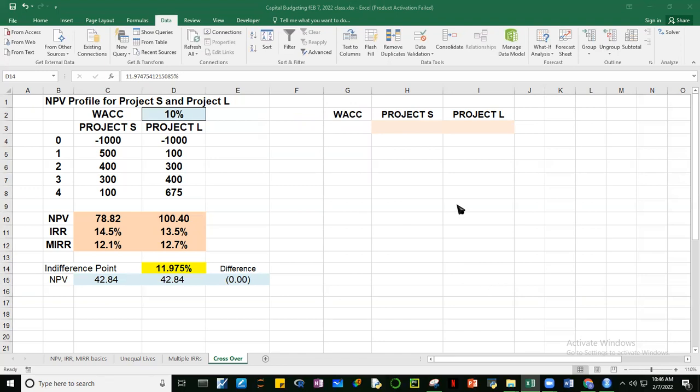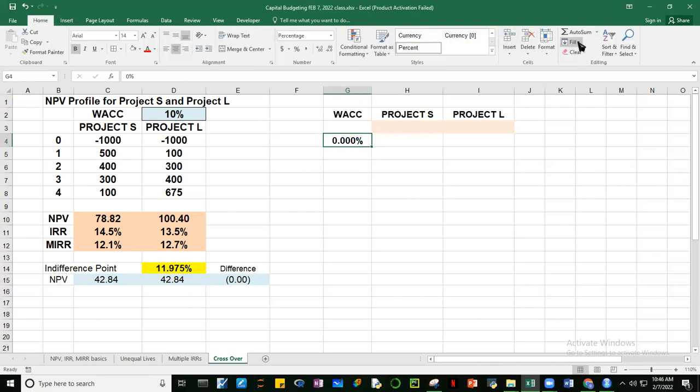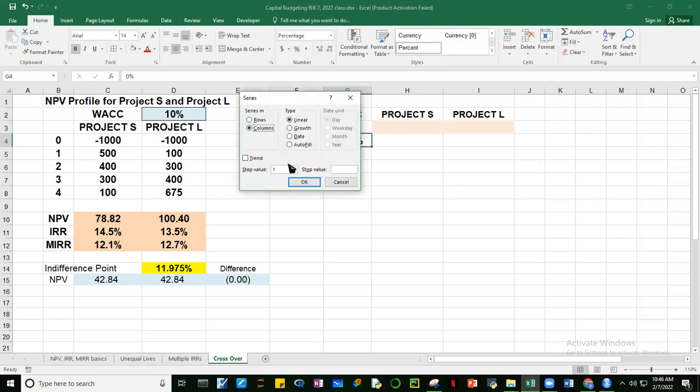Okay? So let's now generate mga WAC na from 0%, lalagay ulit tayo ng hanggang 30% na lang. So from this one, okay, home, fill series, column, increment of 1% hanggang 30%.